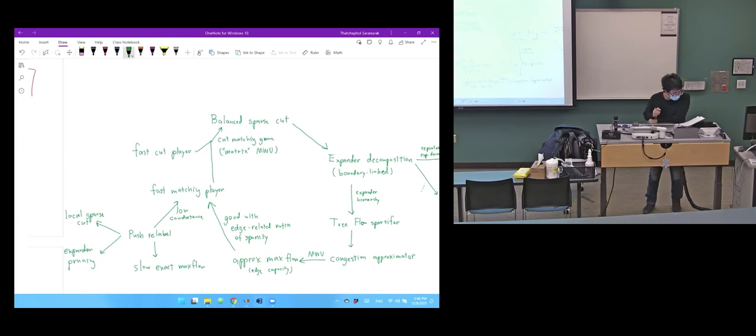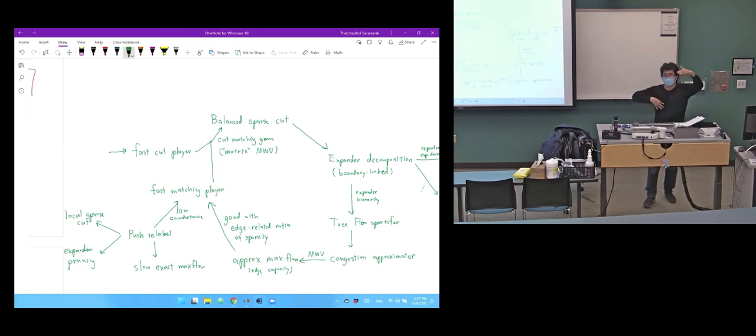How do you get a fast cut player? We actually saw two algorithms for the cut player in lecture. One is randomized, one is deterministic. And the randomized one is actually fast, right? So you can try to recall, but you can get a fast cut player from something that has the same flavor as the power method.